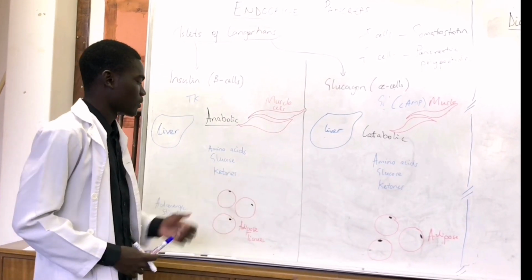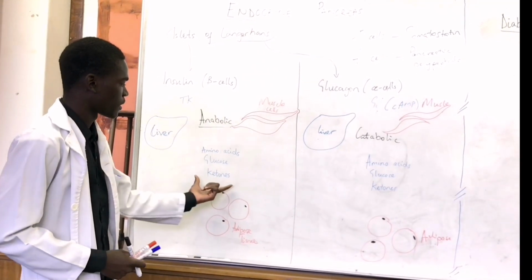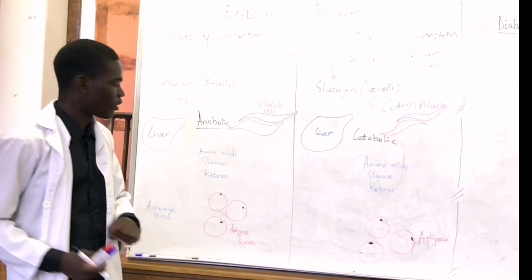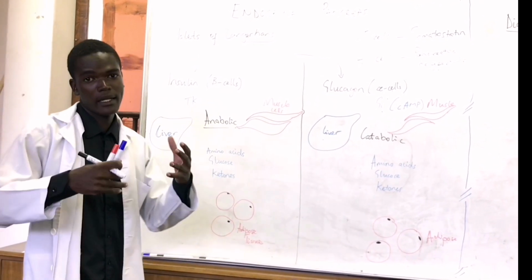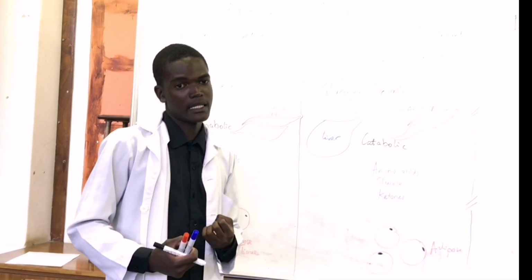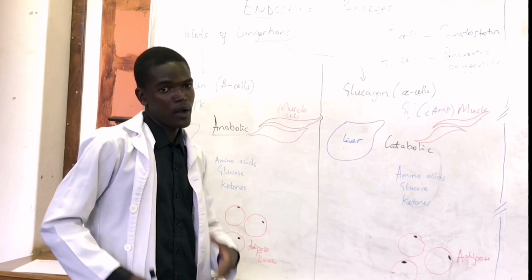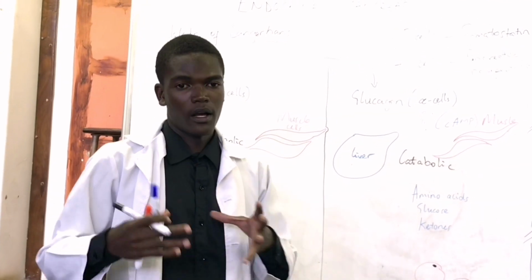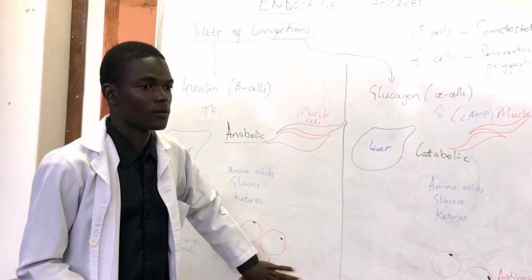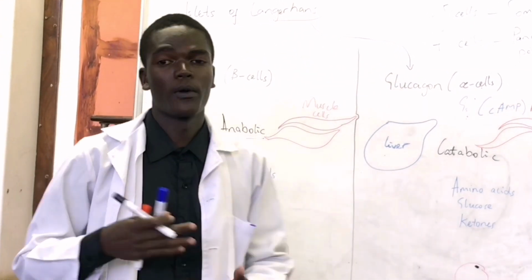Then as for the ketones, we are going to increase the uptake of fatty acids from the blood into the adipose tissue. So why do we do that? Insulin is anti-ketogenic, which means we don't want ketones in the blood.